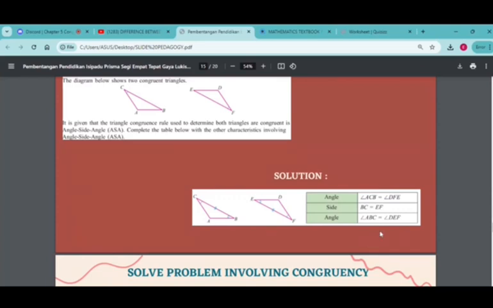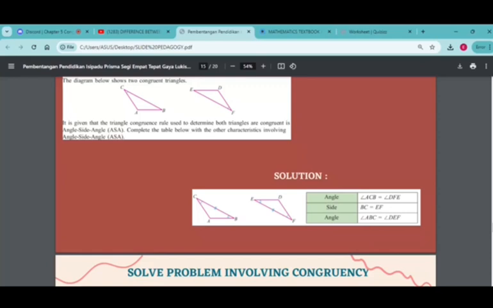Angle ACB equal to angle DFE. For the side, BC equal to EF. The angle ABC equal to DEF.